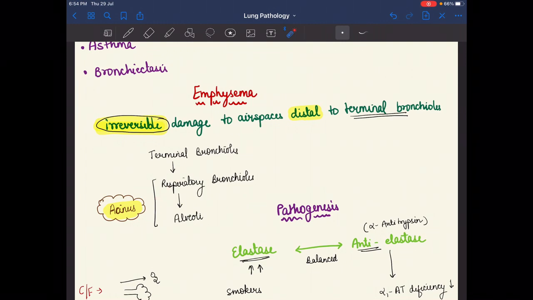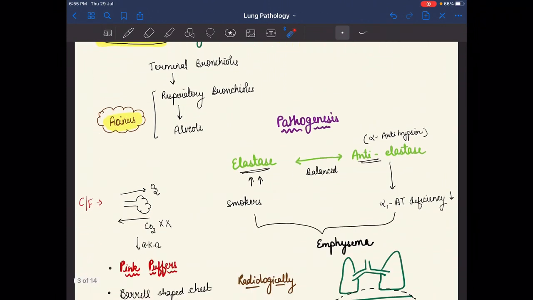So the definition of emphysema is irreversible damage to the air spaces distal to the terminal bronchioles, or we can say, the acinus.